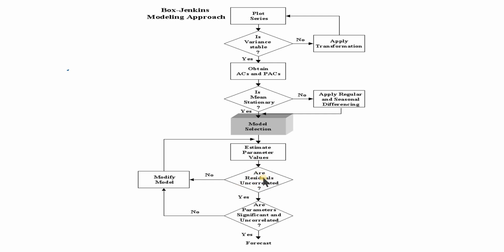If all is fulfilled, then we can proceed with the forecast. If not, we need to modify the model or the parameter in the model, so then this will be repeated. So we are going to follow this flowchart by using Minitab.